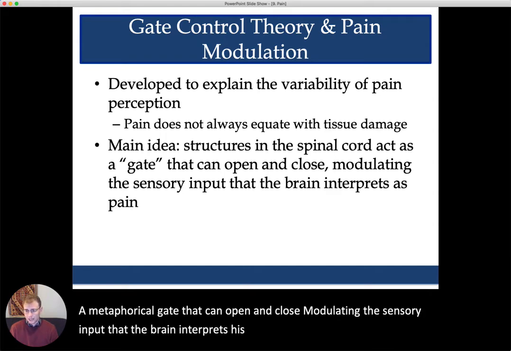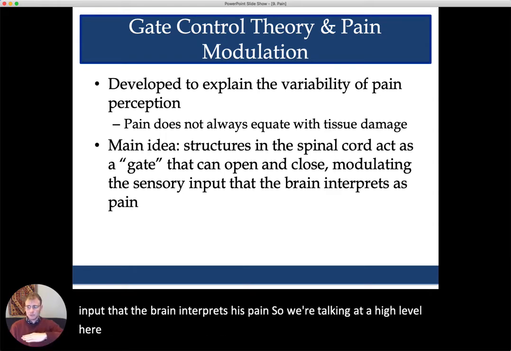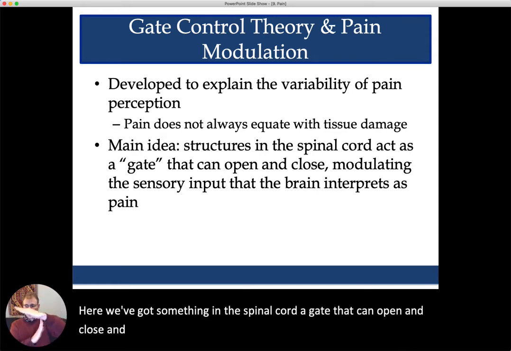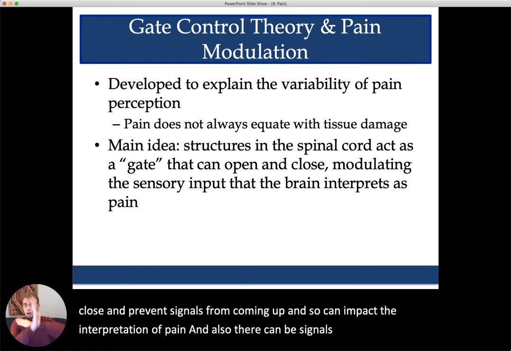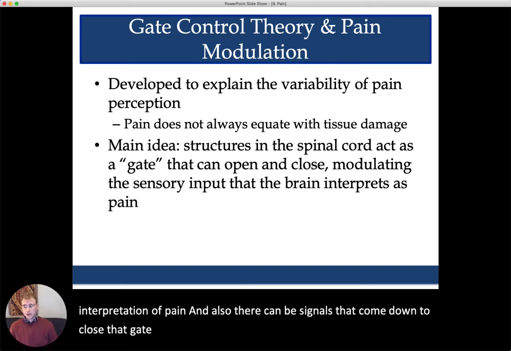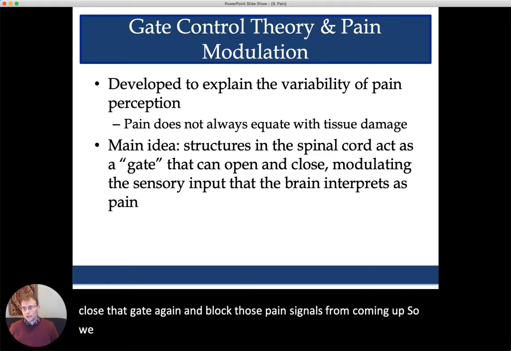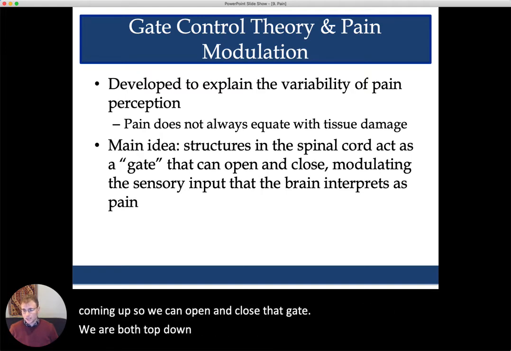So at a high level, we've got something in the spinal cord, a gate that can open and close and prevent signals from coming up, and so can impact the interpretation of pain. There can also be signals that come down to close that gate and block those pain signals from coming up. So we can open and close that gate via both top-down and bottom-up pathways, and this is how we can modulate the experience of pain.